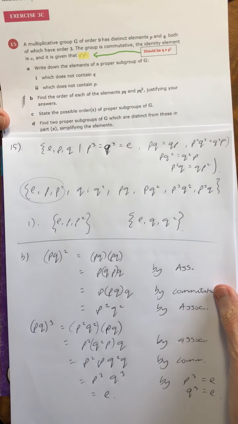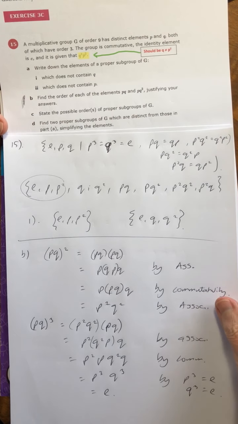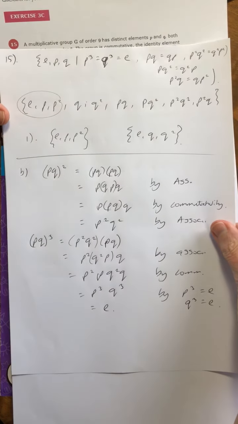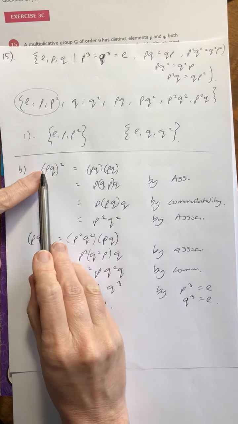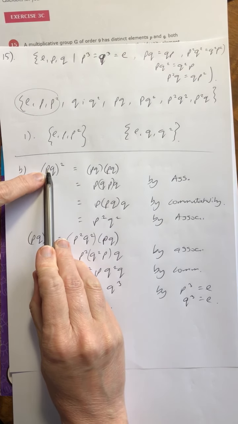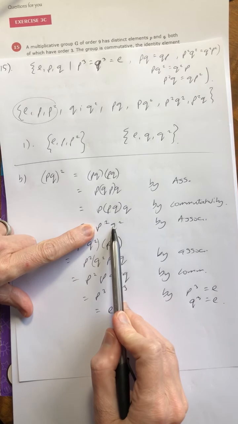If I've got a subgroup that's got order 3, I need the order of the elements to be 3. If I've got PQ, and if I square it, I get P squared Q squared.